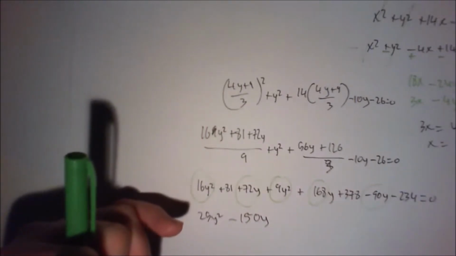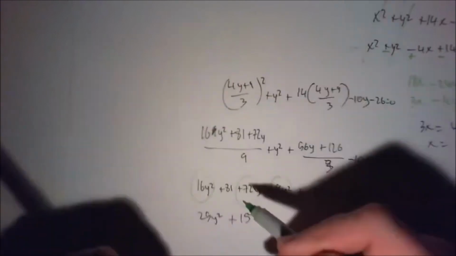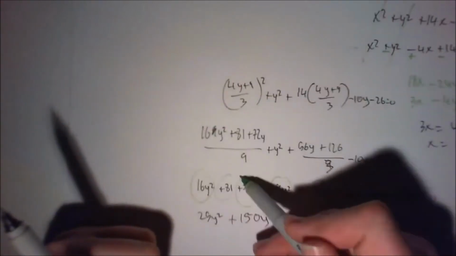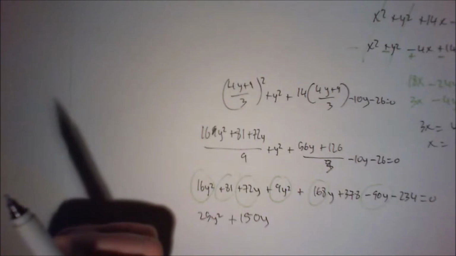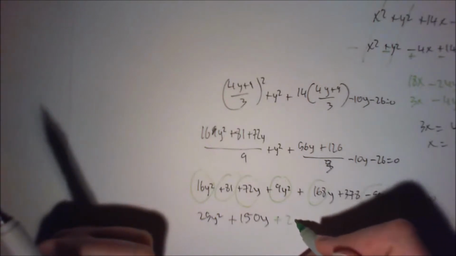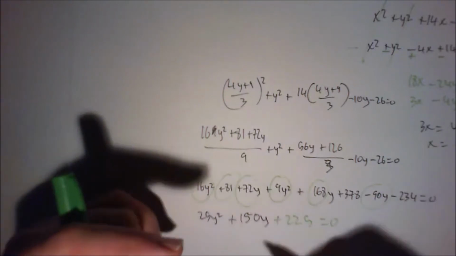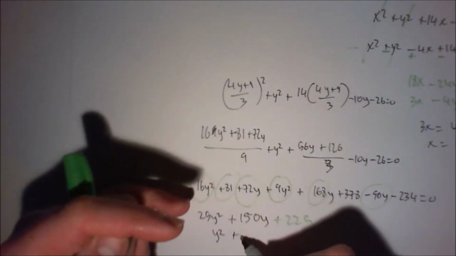And now, when will this end up being a factor of 25? 81 plus 378 minus 234 is 225. Oh, you cheeky, cheeky thing. Look at that. Everything divides by 25.